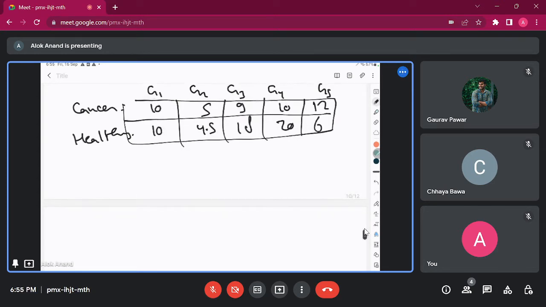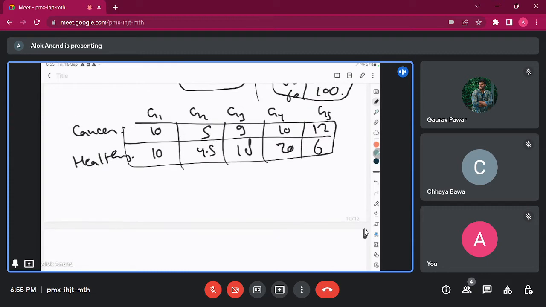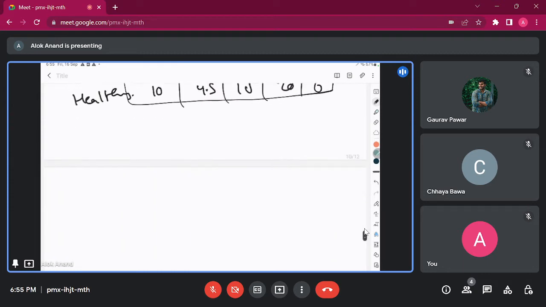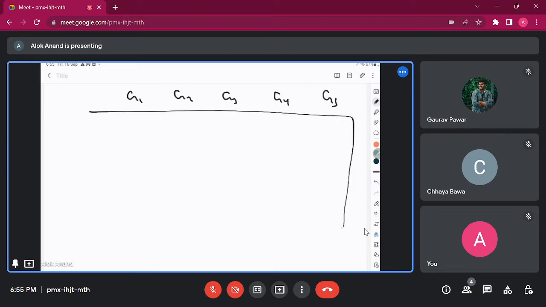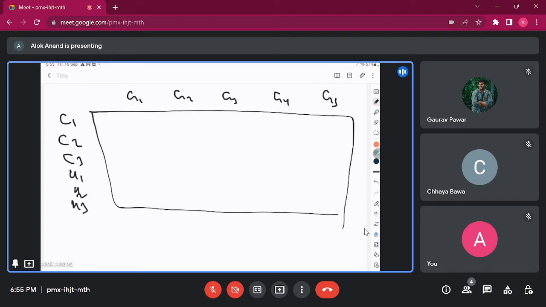Fine. Now, with these 5 genes, and we have 2 patients, cancer and healthy, single patient. In the second case, G1, G2, G3, G4, G5. We have patients C1, C2, C3, H1, H2, H3. ठीक है?